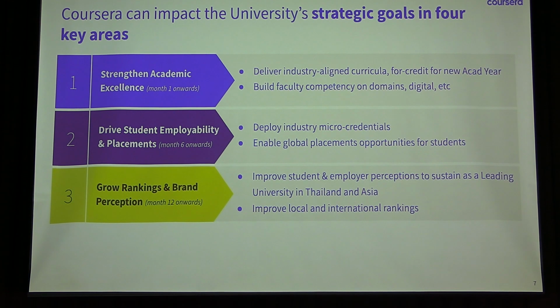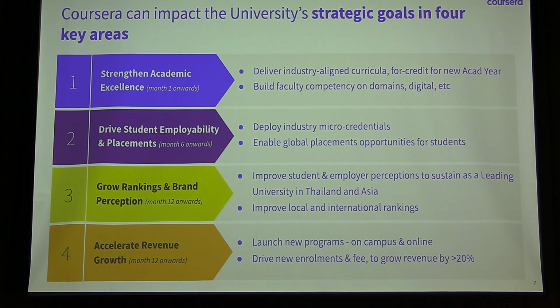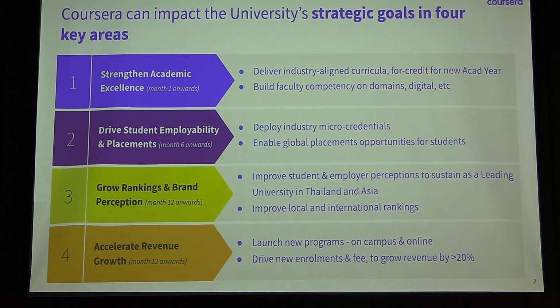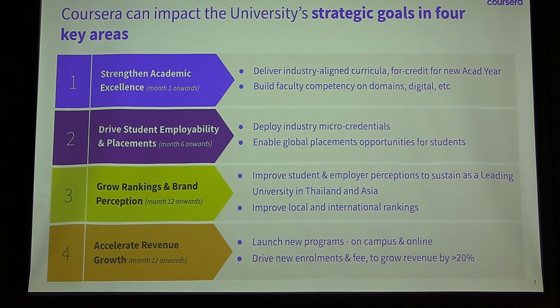How do you continue to retain that position of a top ranked university? And finally, we've also seen many of our partners work with Coursera to actually develop new programs. And when you say new programs, that obviously are newer revenue streams and newer ways of catering to different segments of students or in different domains, right?